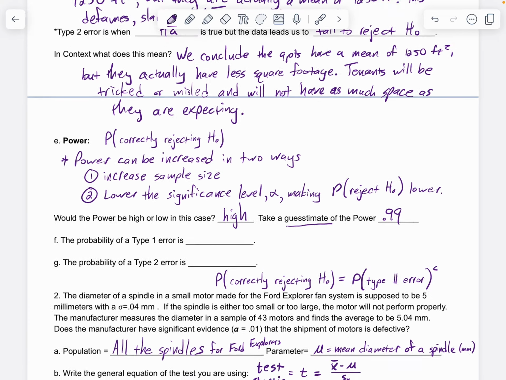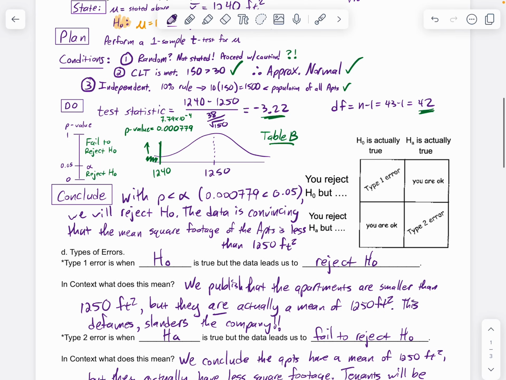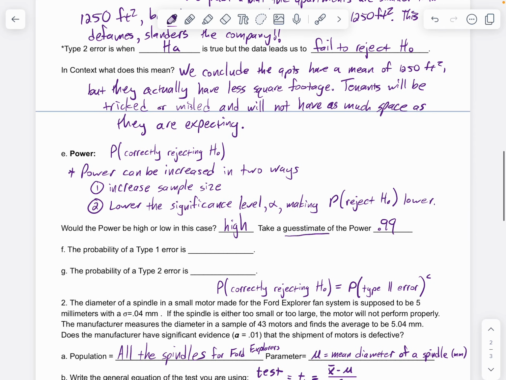If I was getting a test statistic a little over here, that led me to say a p-value, this p-value is tiny, so I'm feeling really confident in it, okay? But what if I got a p-value of like 0.03? Well, that I don't feel strong about.